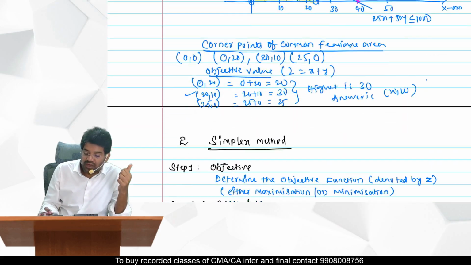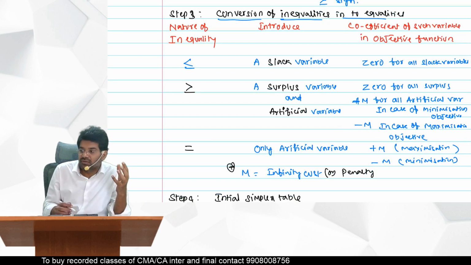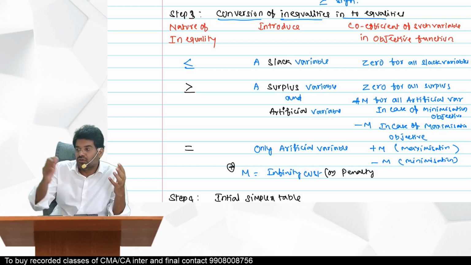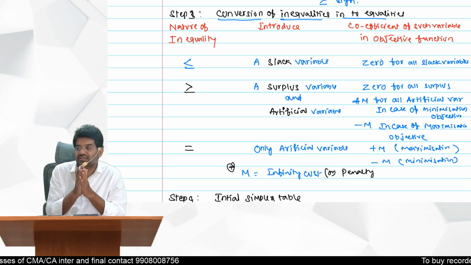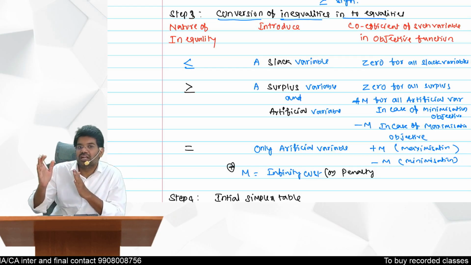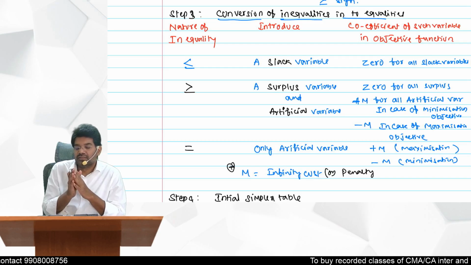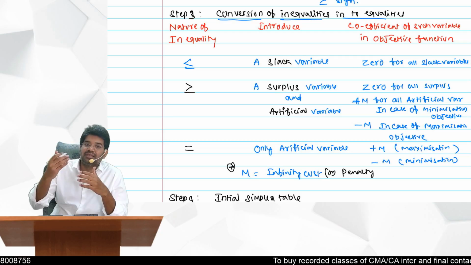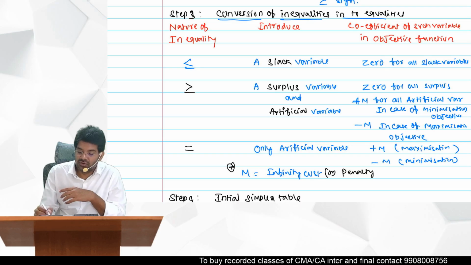So whenever you have a less than or equal to constraint, and you want to convert it into equality, then we should introduce a slack variable, so that the equal to condition will get satisfied, right? The slack variable should be positive only, so it is greater than or equal to 0 for all slack variables.